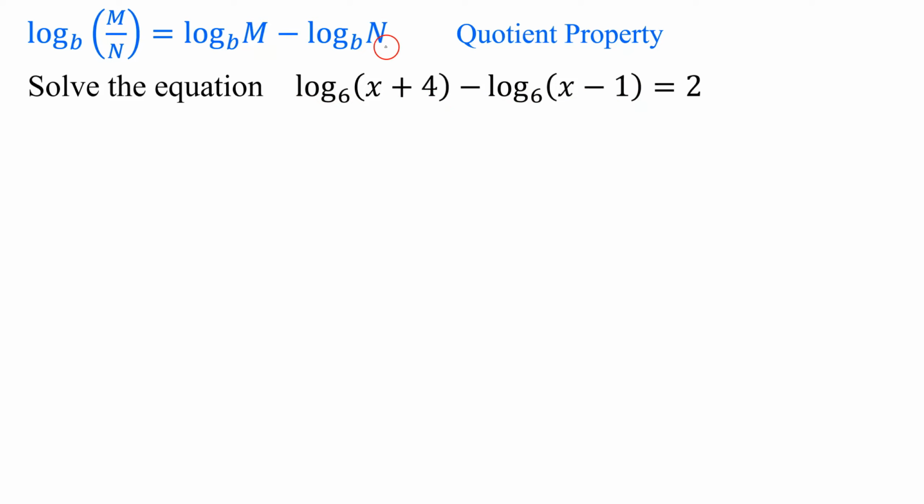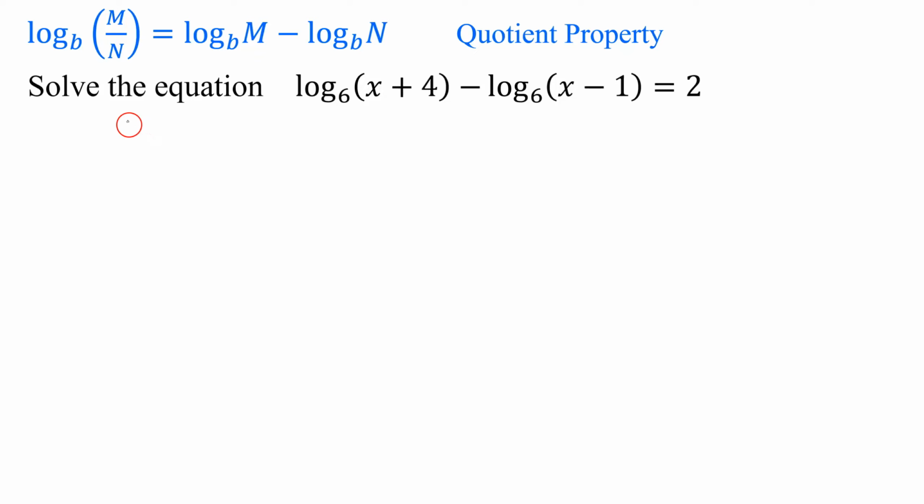So I have this case here where I have log to the base b of m minus log to the base b of n. When I combine them into a quotient, the logarithm that was positive, its argument goes in the numerator. The logarithm that was negative, its argument goes in the denominator.